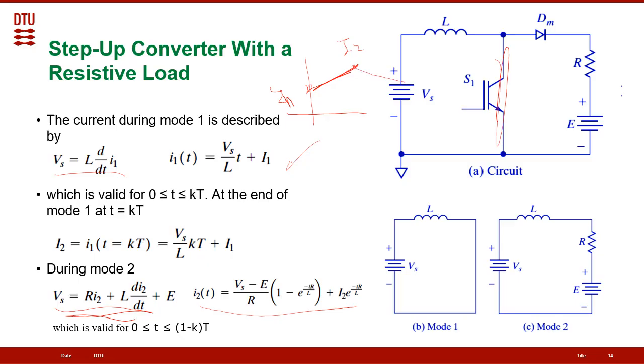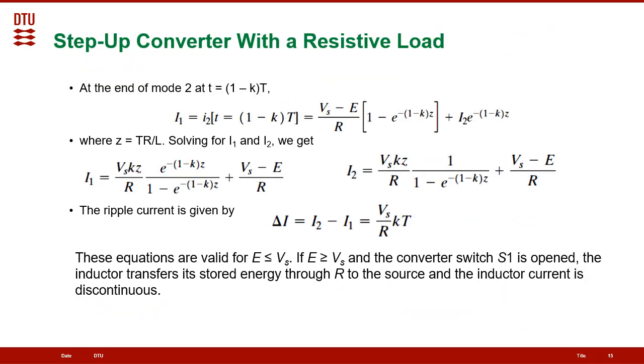So we will do the same. We have two equations, then we can solve them for I1. So we have this equation for I1, and we have an equation for I2. Sorry, I'm talking about this one. And again, we can solve these two equations to get the expression for I1 and the expression for I2.